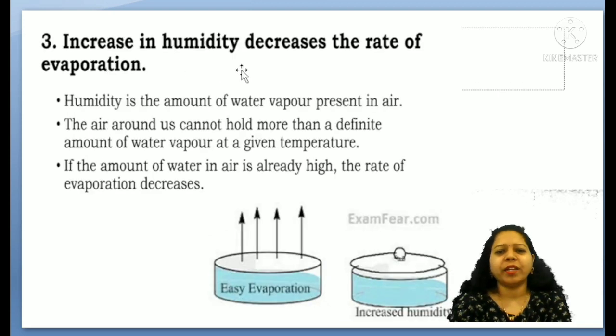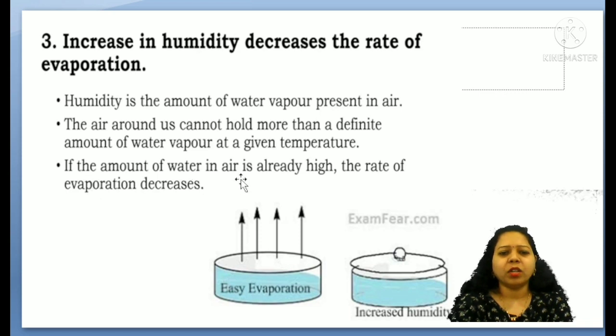Next, increase in humidity decreases the rate of evaporation. What is meant by humidity? Humidity is the amount of water vapor present in air. Humidity in rainy season and winter season is more as compared to the summer season. The air around us cannot hold more than a definite amount of water vapor at a given temperature.